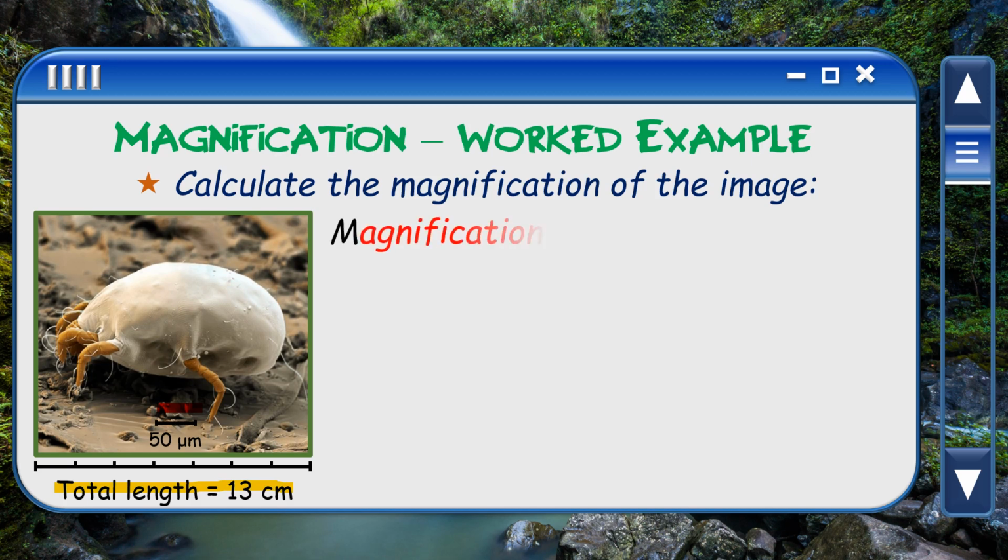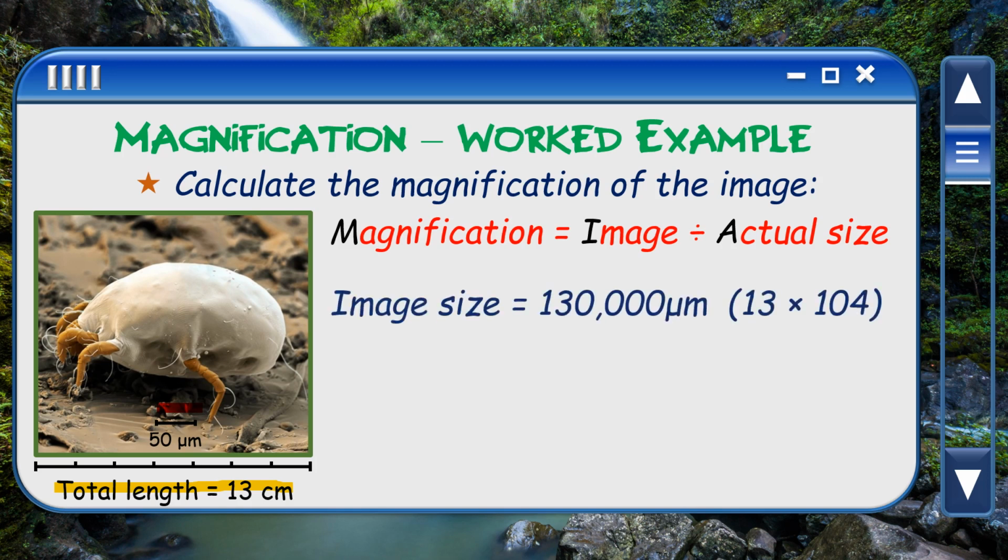So what are we going to use? We shall say magnification is equal to the image divided by the actual size. Our image is this whole block, from here to here, which is 13 centimeters.